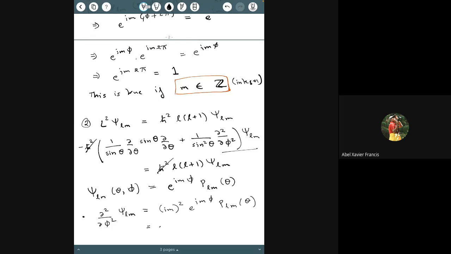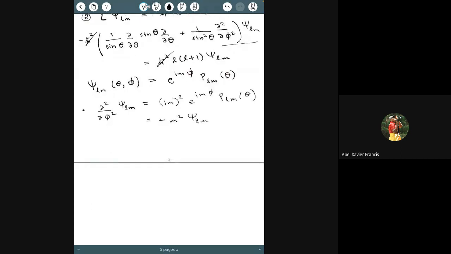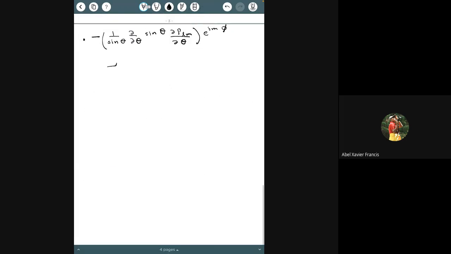That is minus m square psi. Fine. Then we'll do the rest of it. So the rest of it is now minus sine theta, del theta, sine theta, del P_l^m del theta, phi, and I have minus of del square del phi, so minus of 1 by sine.